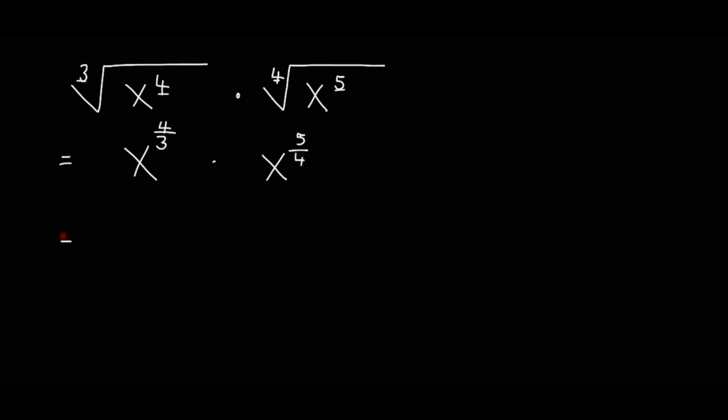And therefore according to laws of exponents, when we multiply and we have the same bases, we write the base once and then we add the exponents. This means we will have x to the exponent 4 over 3 plus 5 over 4. And then 4 over 3 plus 5 over 4 get 31 over 12. Then this is our answer.